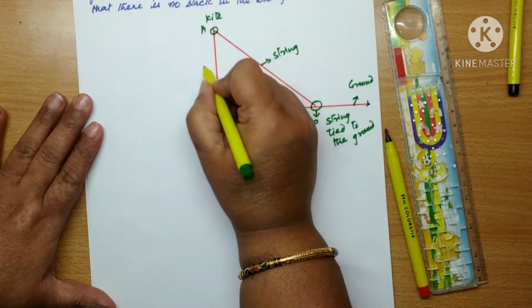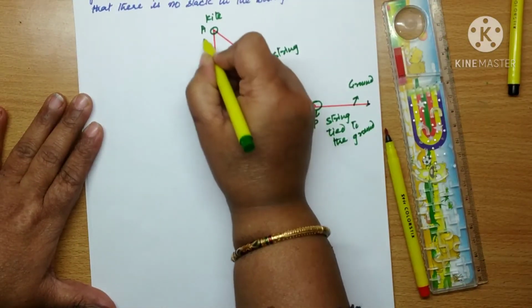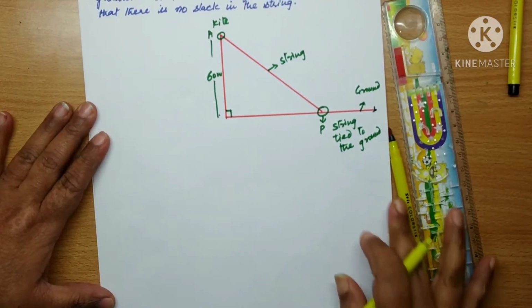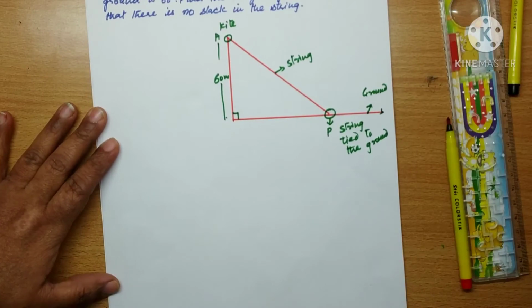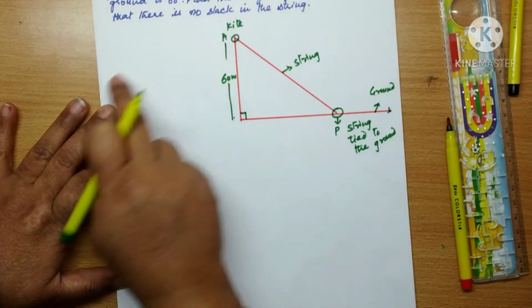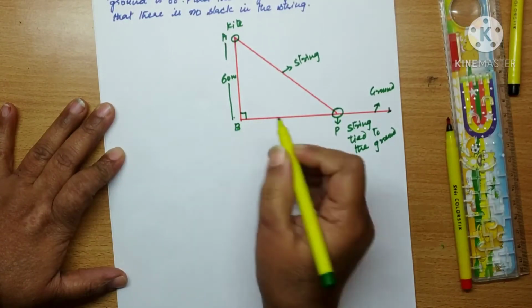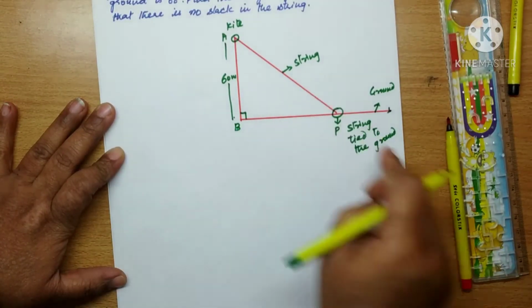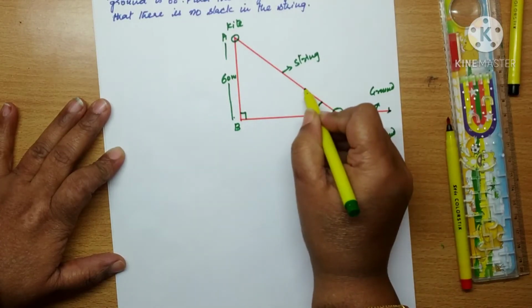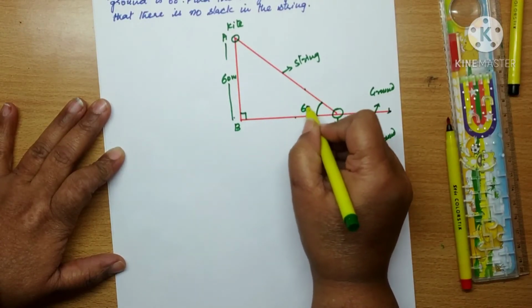Kite is flying at a height of 60 meters. So this is 60 meters from the ground. We need to find the length of the string. Understood the question? Either you write by the side of the figure or you write it separately, that this is my kite and this is the point of observation and all. So this angle that the string makes with the ground is 60 degrees.